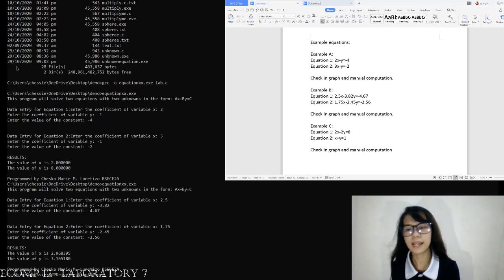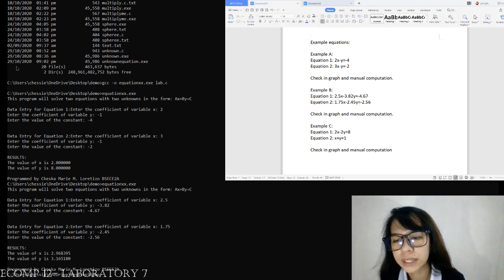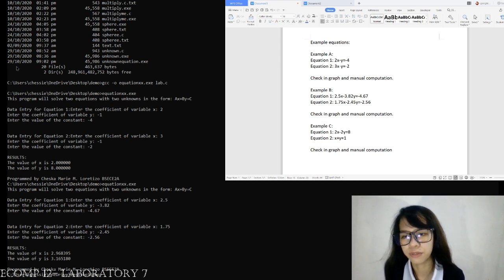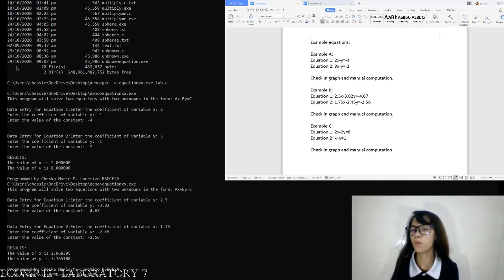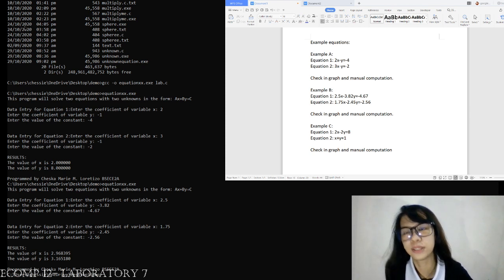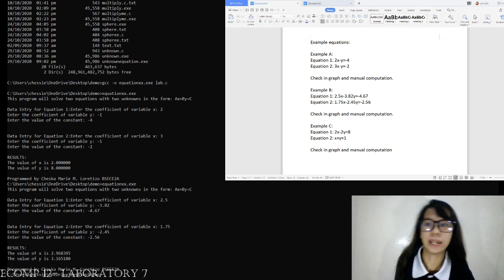As you can see, the answer is x equals 2.968395 and y equals 3.165180. And we are going to check it through manual computation and graph.